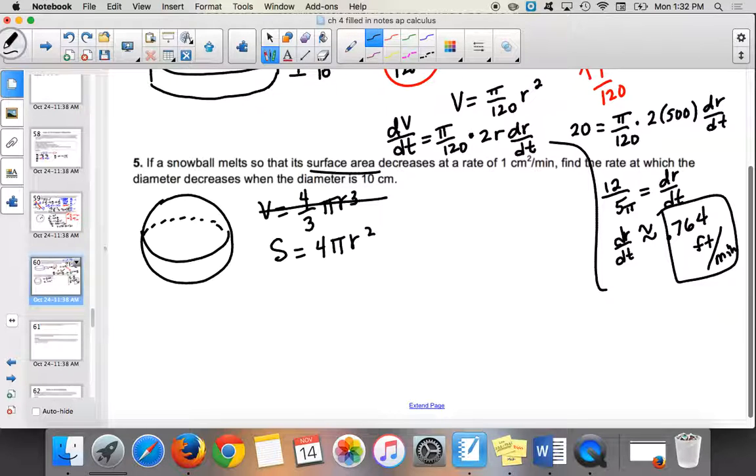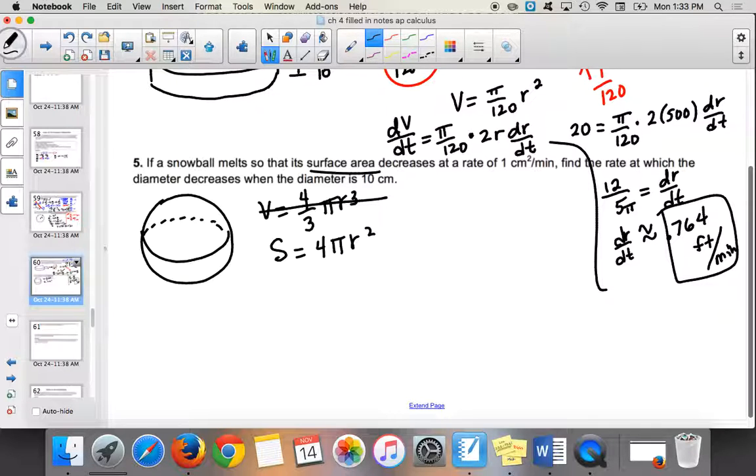Are we supposed to know these? Yes. This is why you take classes like geometry. You should know these. 4/3 pi r cubed is the volume, and the surface area is its derivative, 4 pi r squared.